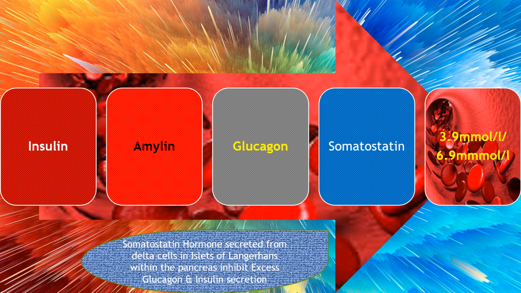Therefore, the four vital pancreatic hormones regulate and maintain blood glucose concentration in a normal range, that is, not below 3.9 millimole per liter or not exceeding 6.9 millimole.